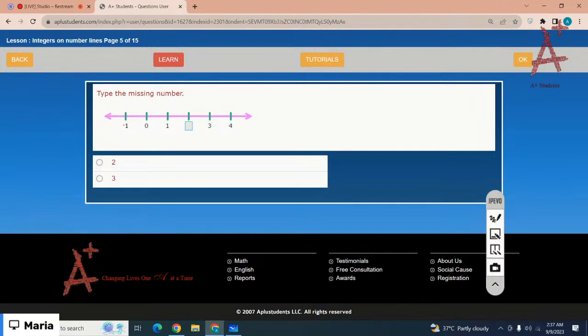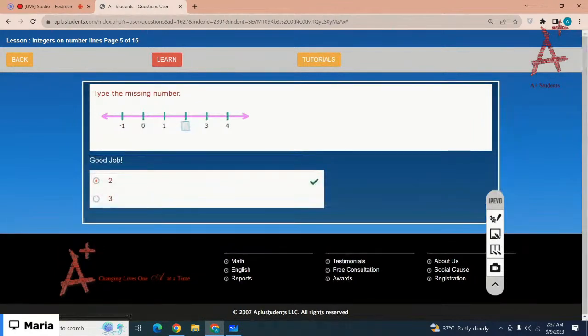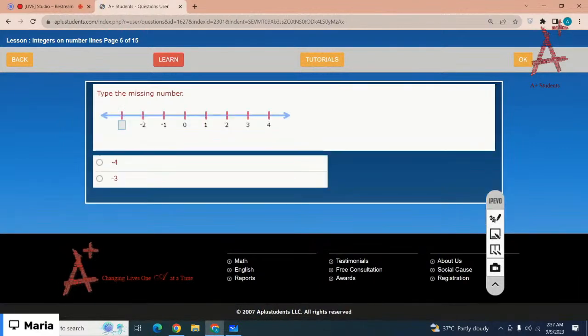So which number is missing? Very good. That would be 2. Okay, type the missing number. So which number is missing? Yes, that would be -3 is missing. So it is -3.